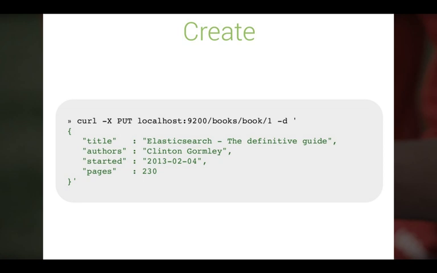In the data, you can see we have title, authors, started, and pages. So in this query, we are going to insert a new book into our books index, which has the title Elasticsearch: The Definitive Guide.